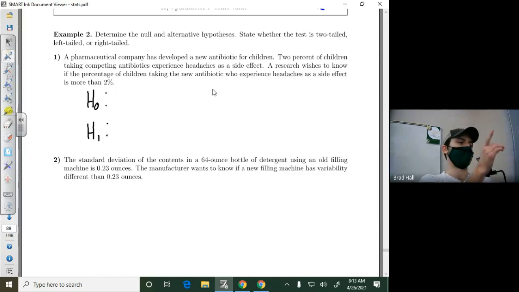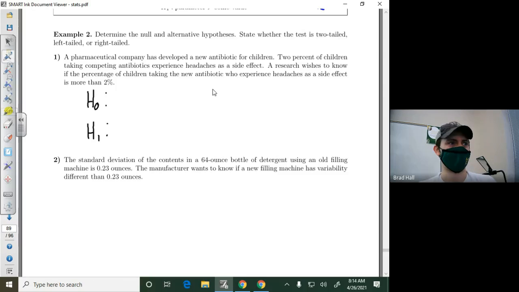So 2% is the quantity. What's 2% as a parameter? What parameter is that? Where have we seen this? It came up in the last chapter. In fact, we had a whole section on just this parameter. Population blank. You know what an alliteration is?